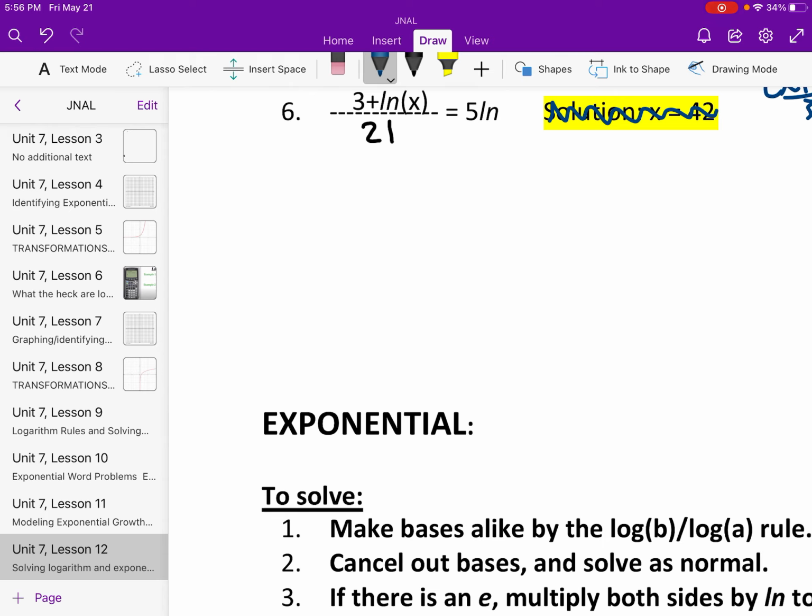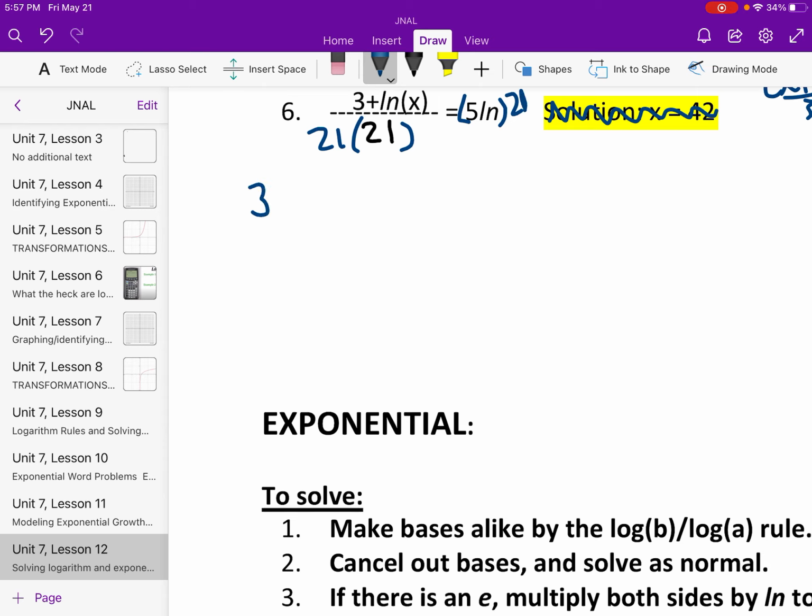Let's first do, we have the 21 here. I guess we can get one ln by itself and then get the other one. Let's start out by getting this one by itself. Multiply this by 21.